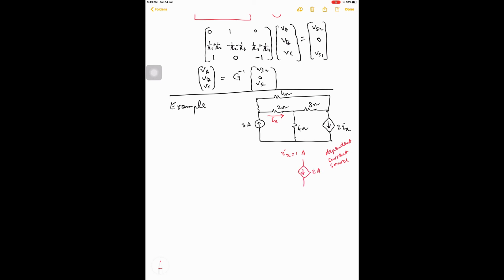If Ix is 2 ampere, this will be 4 ampere. This is the meaning of a dependent current source. The current flowing through this current source depends on a control variable Ix. Later we will discuss these dependent current sources in chapter 4 in more detail.